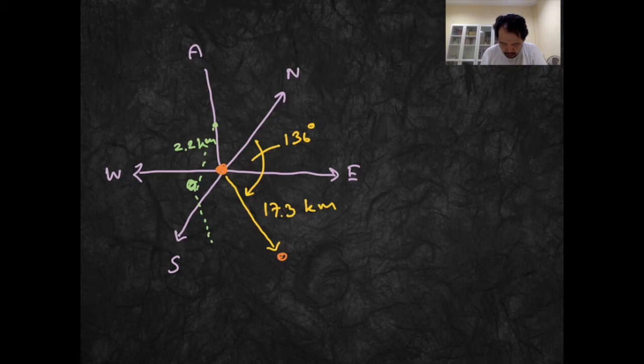and you draw the line perpendicular to the north, east, west, south plane, or the earth surface plane, and you draw the line here.